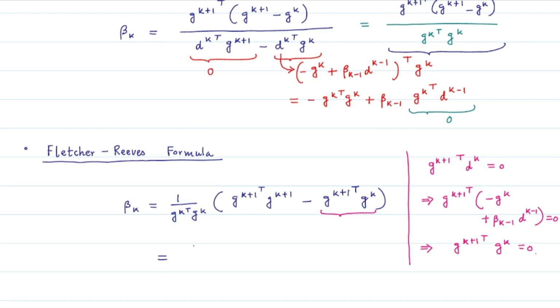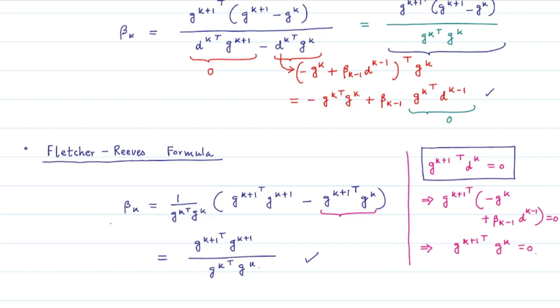Hence a further simplified formula for beta_k is given by g_{k+1} transpose g_{k+1} divided by g_k transpose g_k. In this simplified formula, the Fletcher-Reeves formula, we have used the fact that g_k transpose d_k is equal to 0, which is true for a quadratic function with positive definite Hessian.